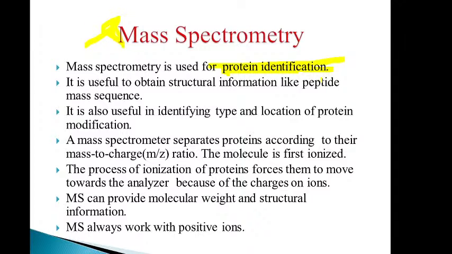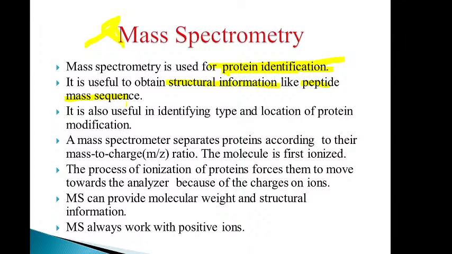Like we have so many students, we have Aman here, we have Jennifer here, all of you. How am I able to identify you? Maybe by your names, maybe by your looks, by your appearance. So mass spectrometry is used for protein identification. It is useful to obtain structural information like peptide mass sequence.